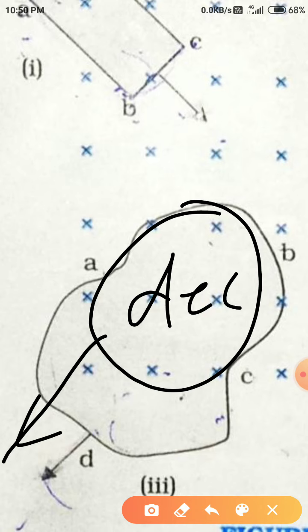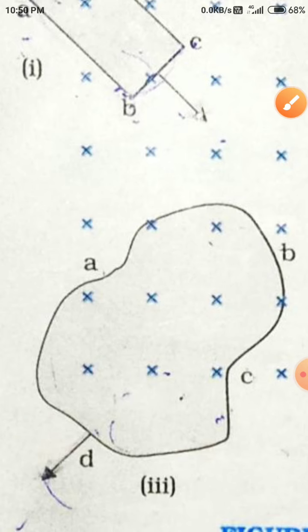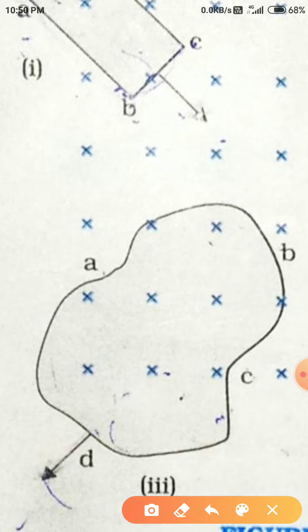So the direction of induced current is such that magnetic flux should increase, and that is possible when the induced current is in such a direction that it sets up its magnetic field in the direction of the applied field. That is possible when induced current flows in clockwise direction.